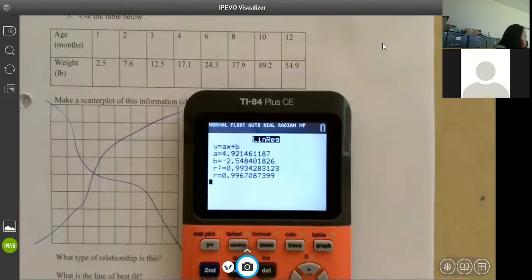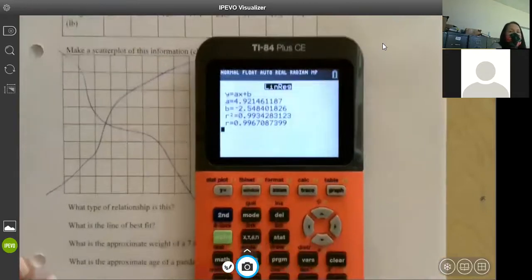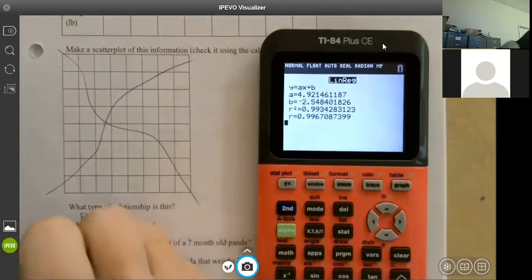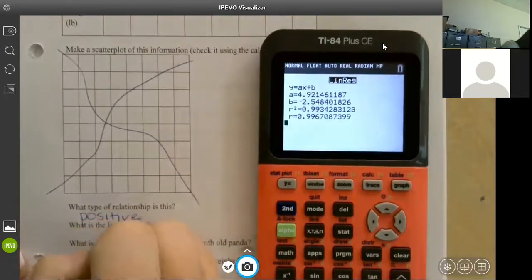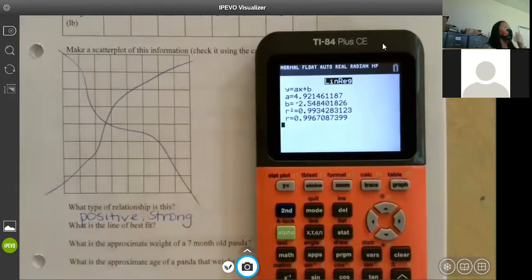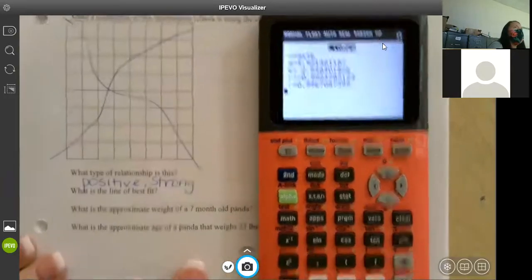What is our relationship? It's positive because it's a positive R. Why is it strong? Yeah, 0.9 is real close to 1. Very good. Positive and strong.